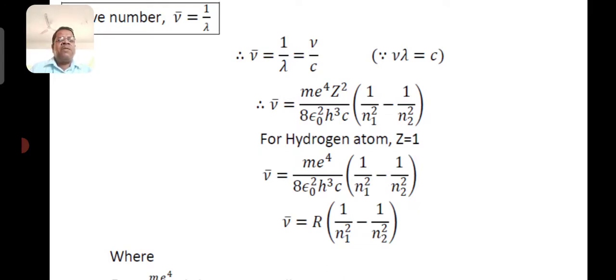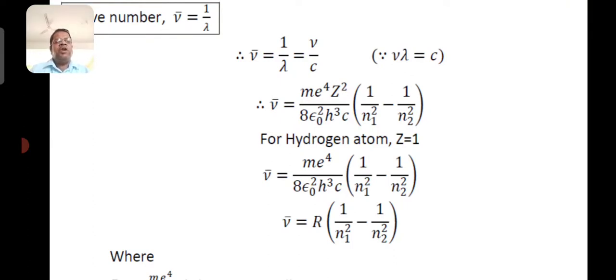M is mass of the electron, e charge on the electron, epsilon naught permittivity of free space, h Planck's constant, c velocity of electromagnetic radiation, all are constant. Therefore the entire term is constant.